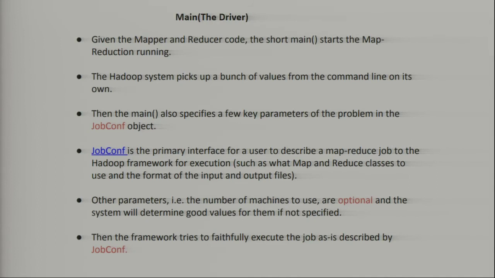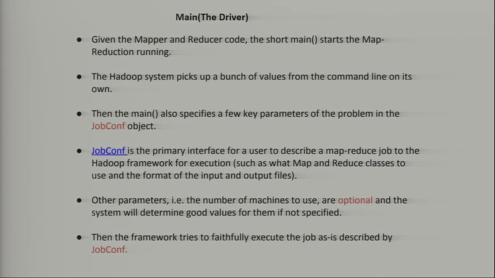Then the main function in which we need to focus on the JobConf object. So this is a particular JobConf object which will be helping us to perform the whole concept. Okay, so it will tell what kind of data pattern or design pattern is to be considered. When I say here, it's a word count.